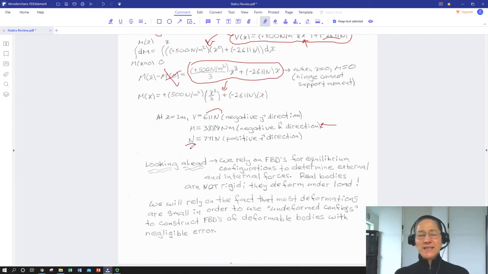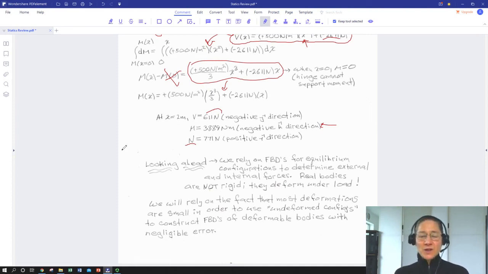And what we'll be relying on going forward, we'll be using FBDs extensively and conditions of equilibrium to determine the external and internal forces, and to relate applied stresses to forces needed to put maybe a small body, something that we might shrink down to 0 size and take limits of, putting that into equilibrium, and then seeing what relationships have to arise between applied stresses in order to keep that little volume element in equilibrium. You'll see that again and again. We'll be doing FBDs on volume elements.